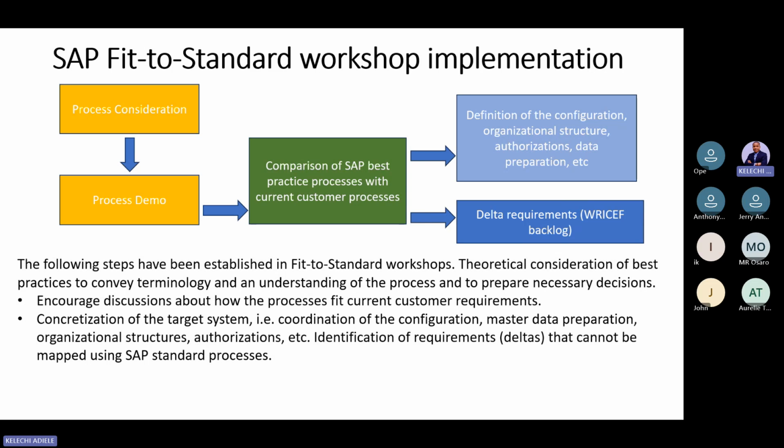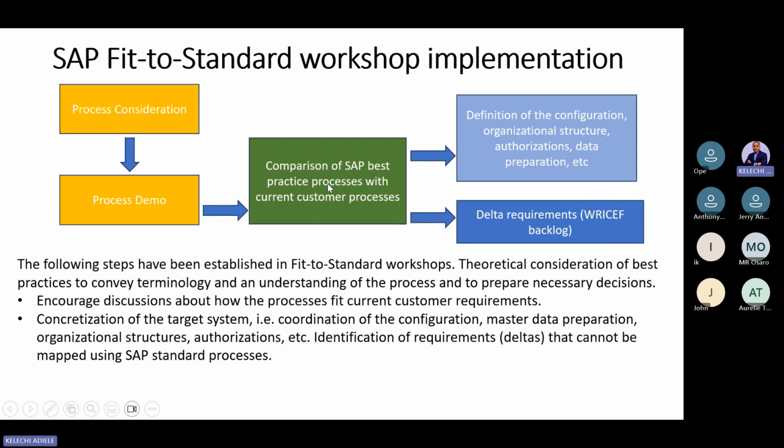So you have to make sure that, yeah, concretization of target system. It just means that you have to make sure the Sage or the QuickBooks or the SAP you're migrating to, you have solidified the foundation for configuration, because once you have gathered the fits, configuration should start. Once you have identified the fits, configuration should start. So that's why we have two things happening here.